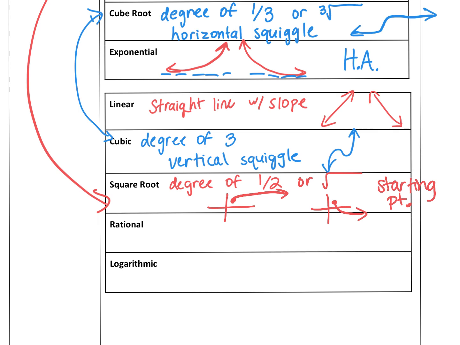Okay. Next up, we have what we call rationals. That was this semester as well. What do we know about rationals? What is a rational? Yeah, it's a fraction. Okay. So these problems are going to look like fractions. But their graphs, we said that they kind of look like opposite quadrant graphs.